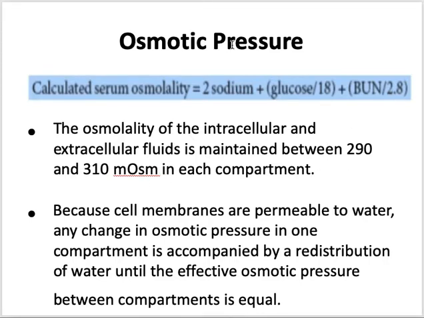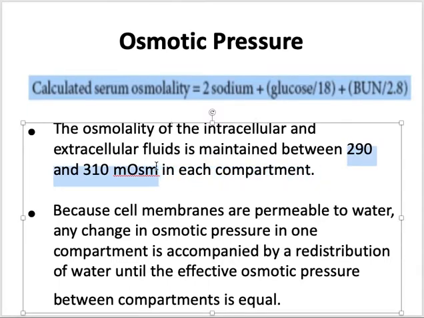Then a little number from glucose will add, and a little number from urea will add, and we will get the final reading. I'm talking about normal persons. I just want to tell you that sodium plays a very, very important role in determining the osmolality of the blood or of the serum.